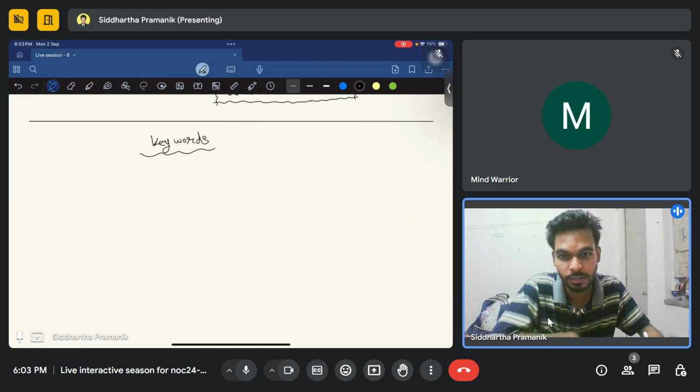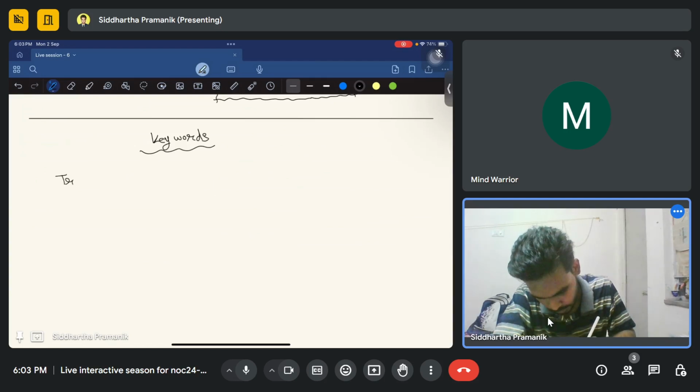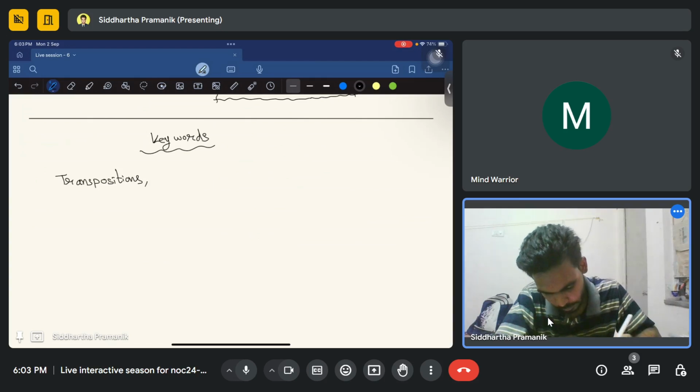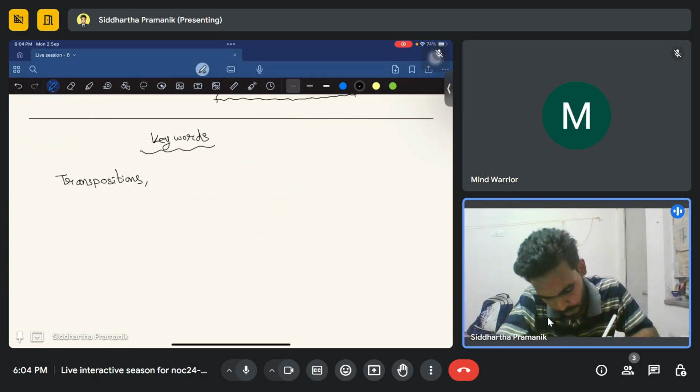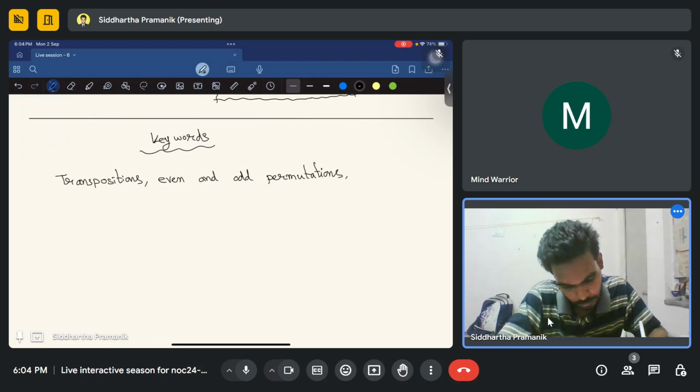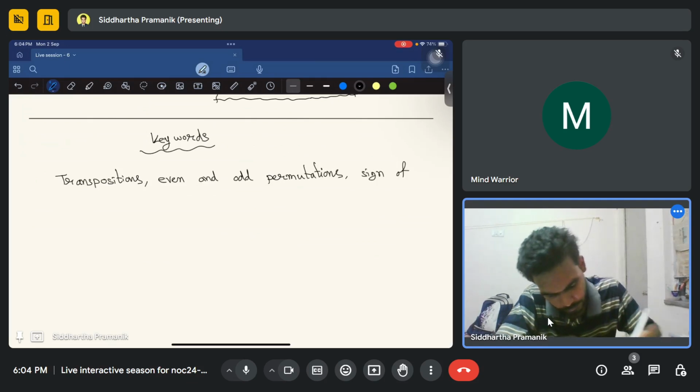In the previous week, we started with transpositions, which are basically two cycles. Then we characterized permutations into even and odd permutations. Next, we saw what is meant by the sign of a permutation.